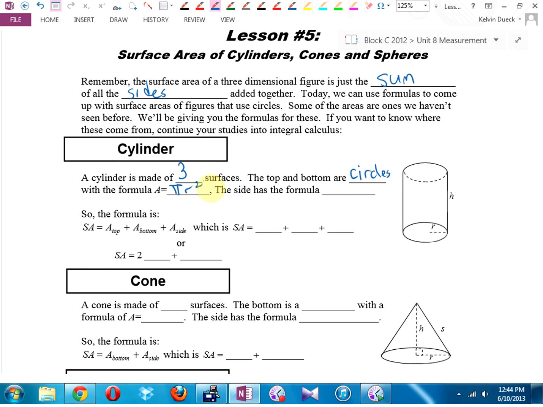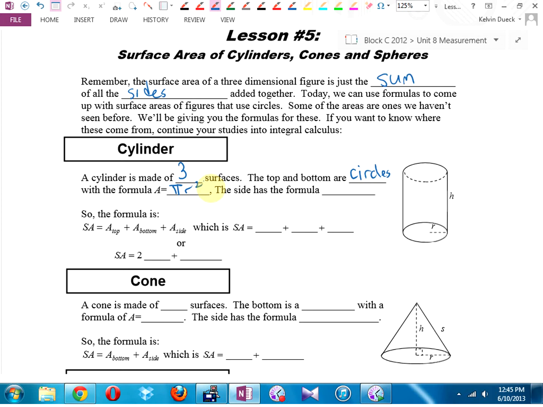If you take a cylinder and you cut it along the side, what shape does it turn into when you lay it flat? A rectangle. A rectangle with a height of h, the height.